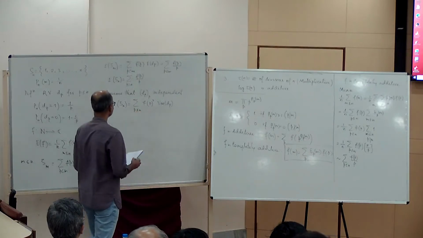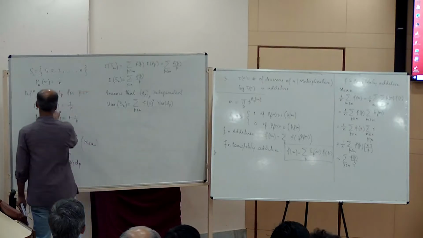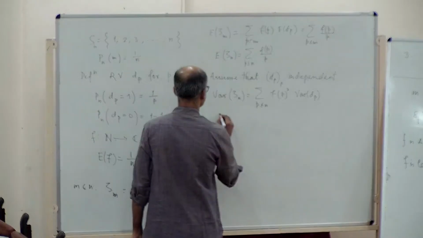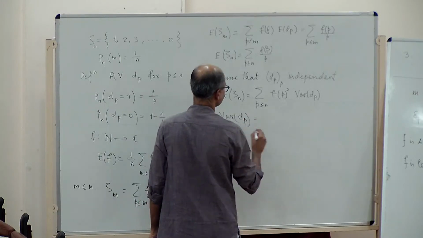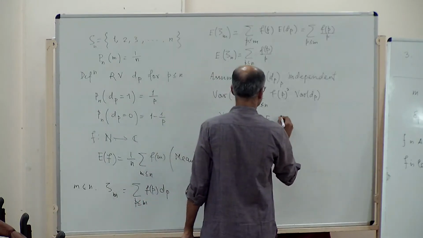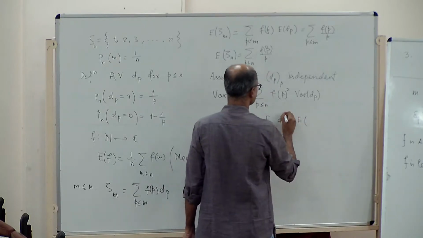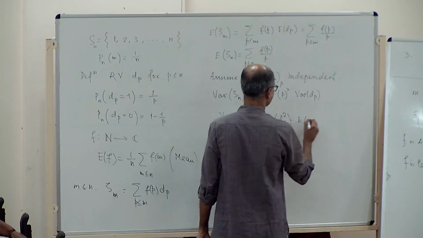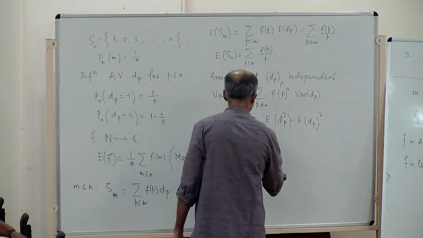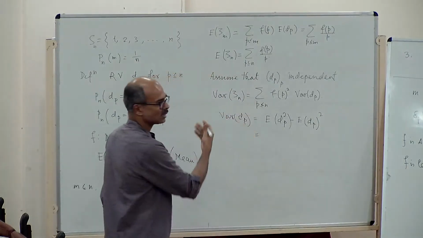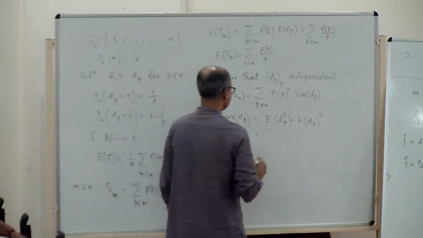So we can easily calculate the variance now. What is the variance of this d_p? d_p takes value 0 and 1. So variance of d_p is expectation of d_p squared minus expectation of d_p, squared. Expectation of d_p squared and expectation of d_p are just the same, because it is a 0-1 valued random variable.